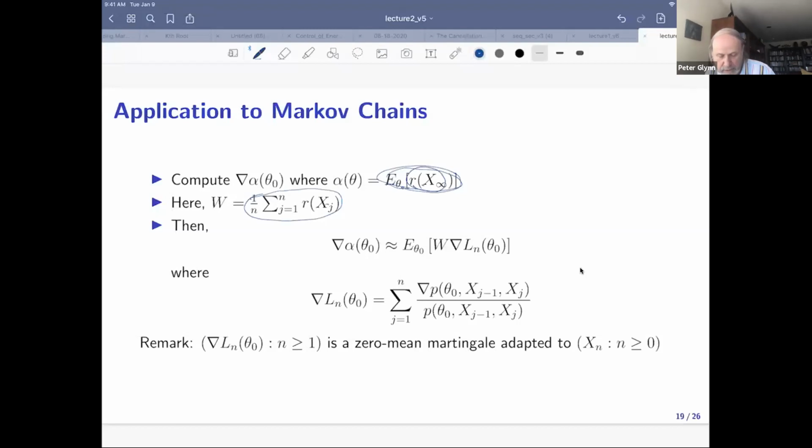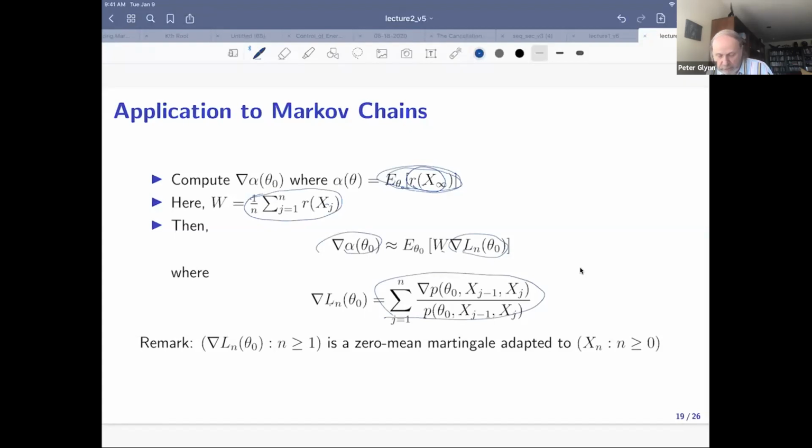And now the natural estimator based on the likelihood ratio idea would be to represent the gradient in terms of W times the gradient of the likelihood ratio, and the gradient of the likelihood ratio is easily computable in this context.